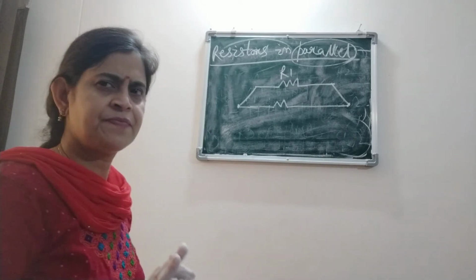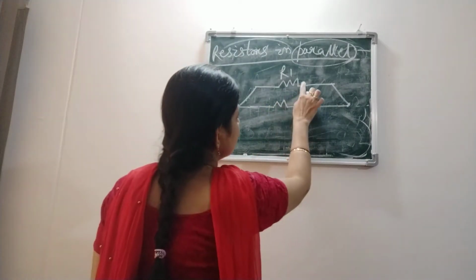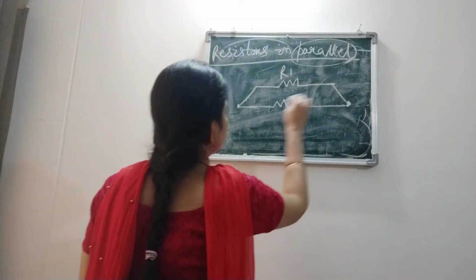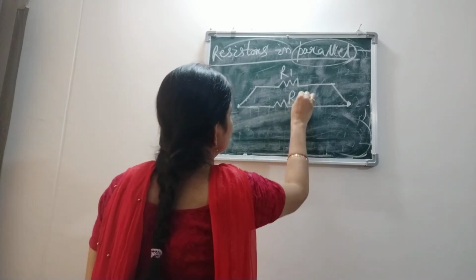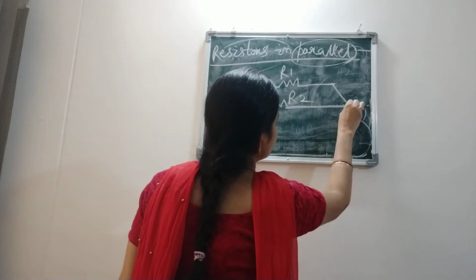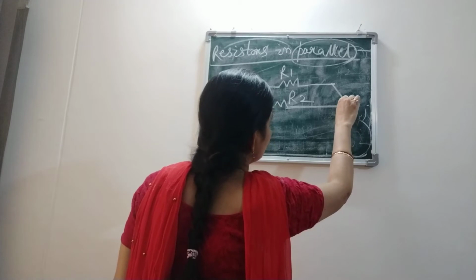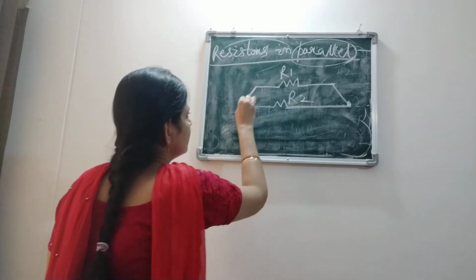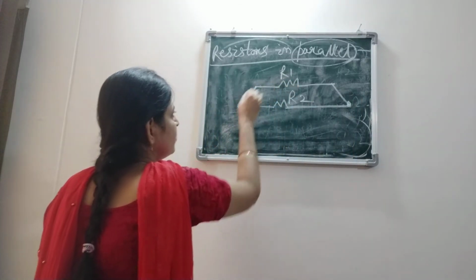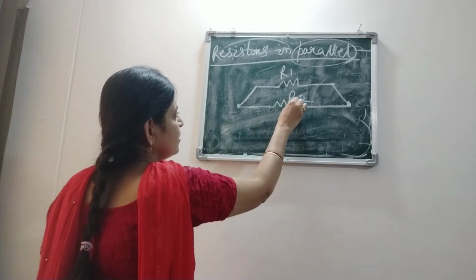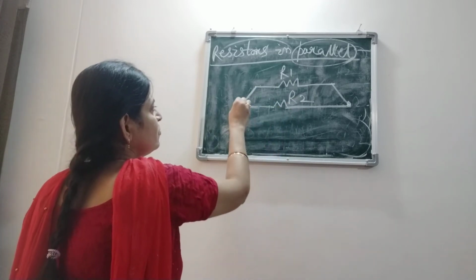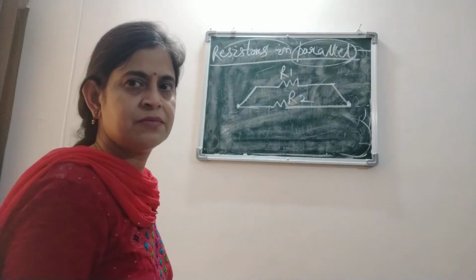that means R1 is connected to a common point and R2 is also connected to the same point. The terminal of R1 is connected here and the terminal of R2 is also connected here.